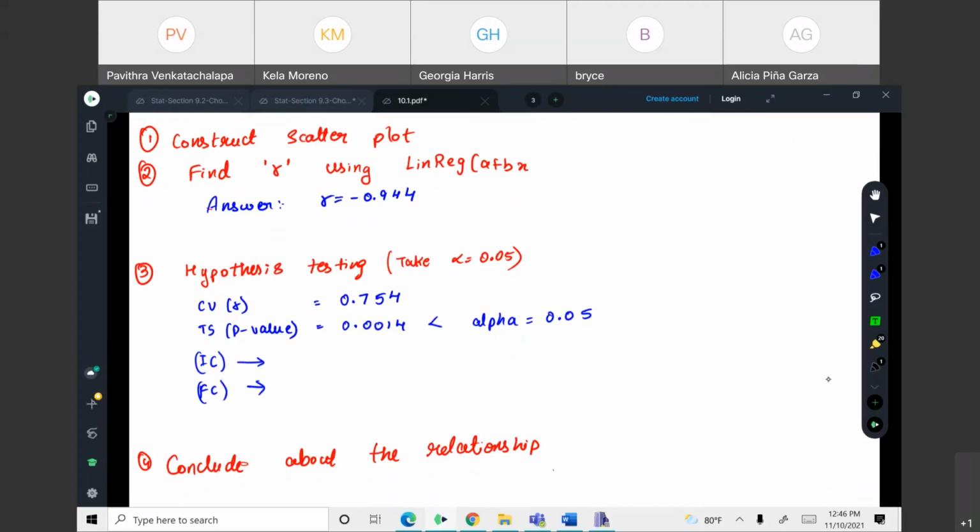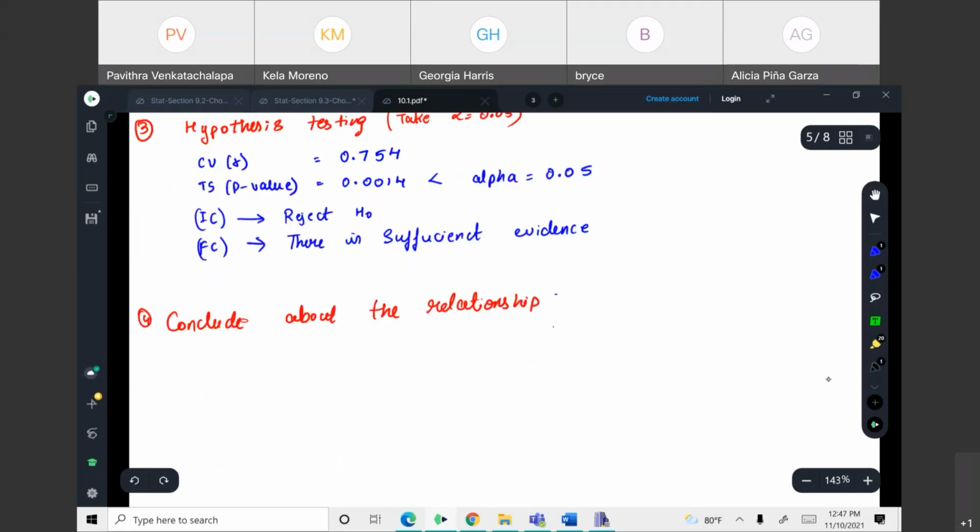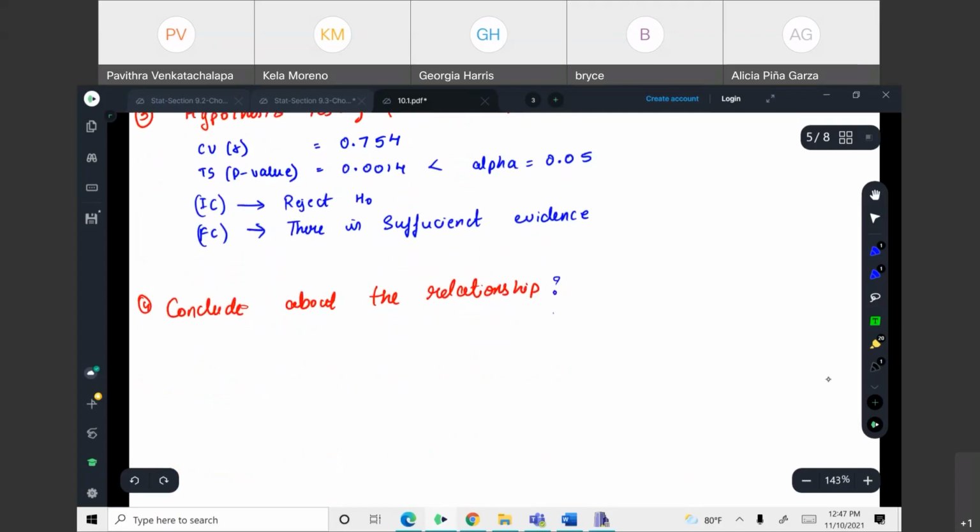Reject H naught. And the final conclusion: there is sufficient evidence. And what about the relationship? Is there a linear relationship? Yes, there is a linear relationship.